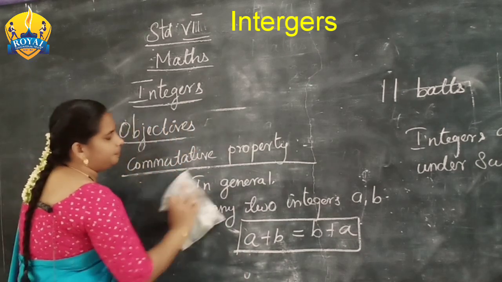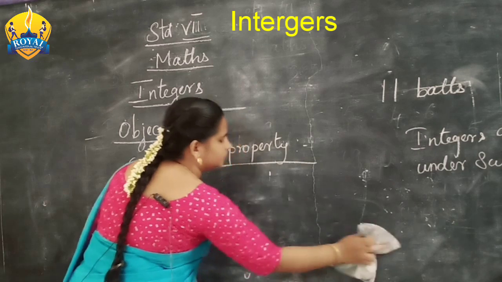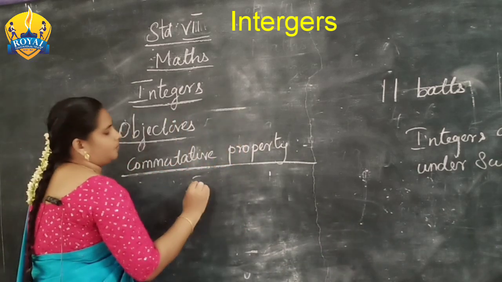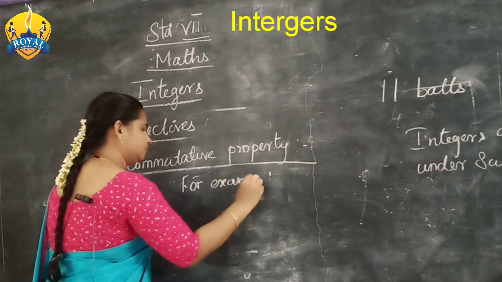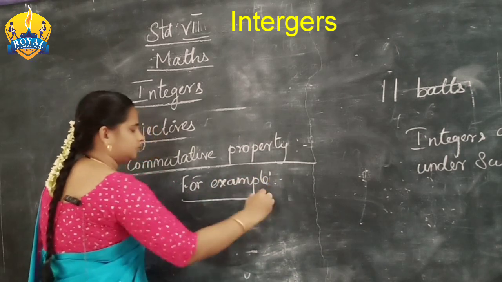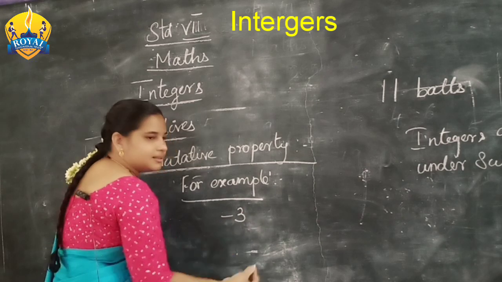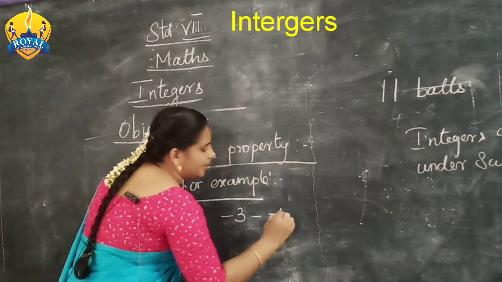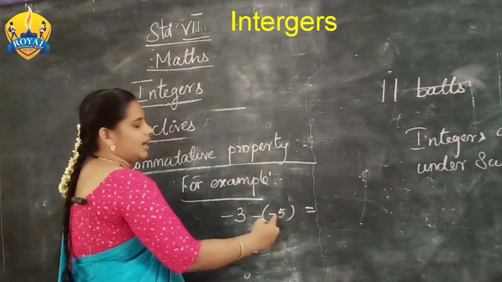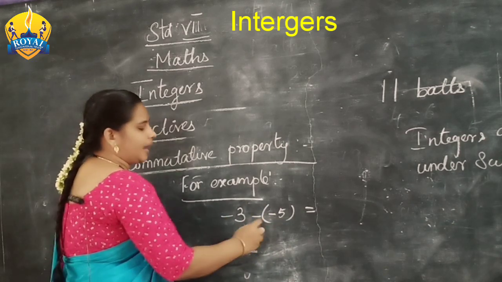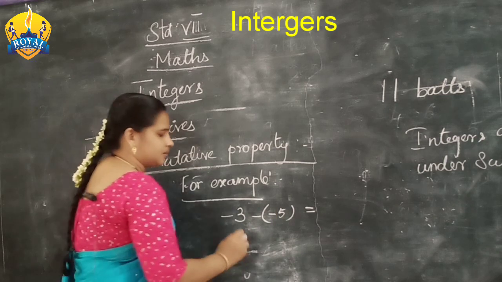Now for example, minus 3 minus of minus 5. So minus of minus gives plus.